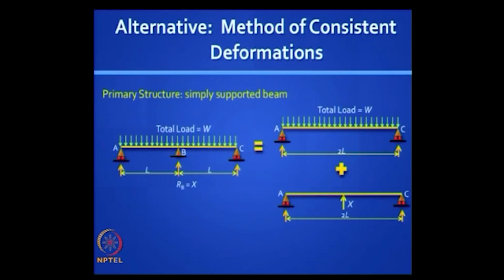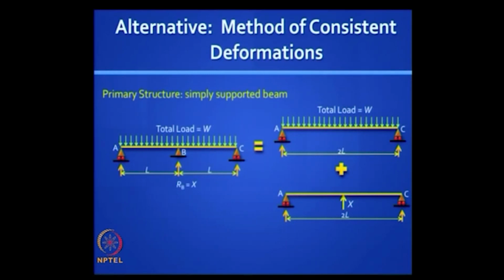By removing that support altogether, and so we do a superposition of that primary structure, which is a simply supported beam loaded with the external loading, in this case the UDL, plus the unknown redundant, now shown as a separate load case. So we treat X as a load but an unknown load, and our job is to find X.